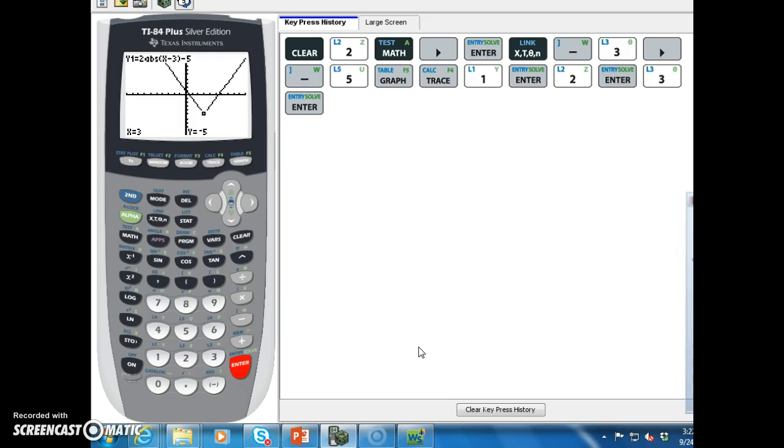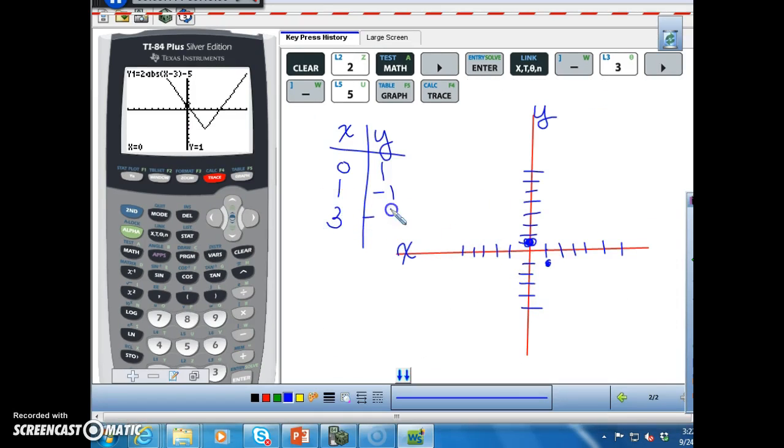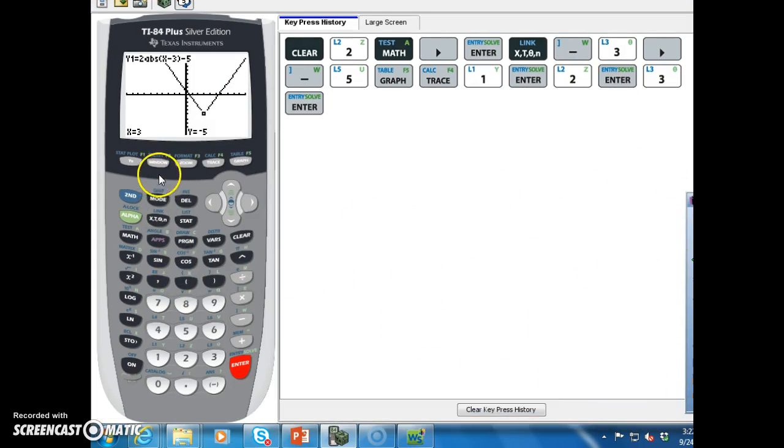Coincidental, isn't that the two numbers that were in the equation? 3, negative 5 would be a point. That's my vertex. Now I should start coming back up. 5, negative 1.